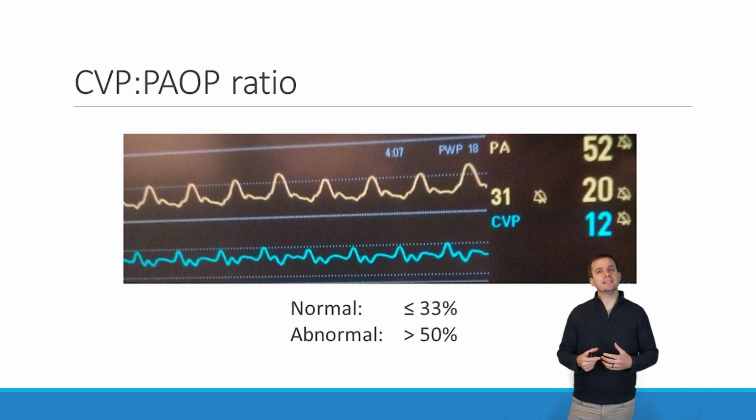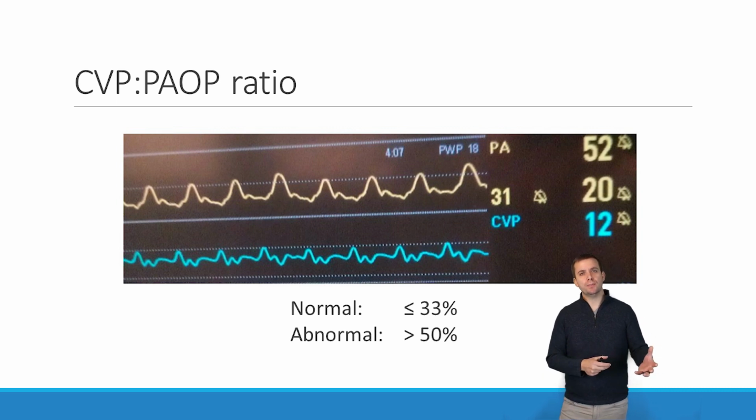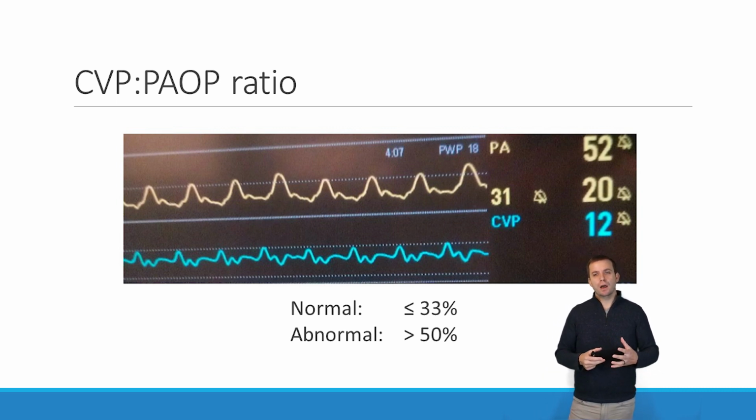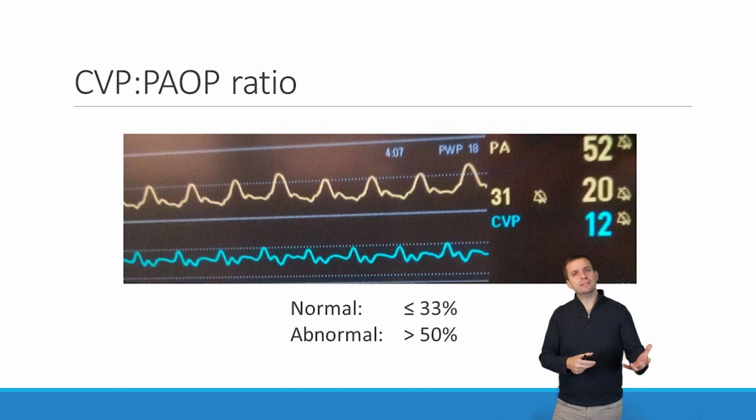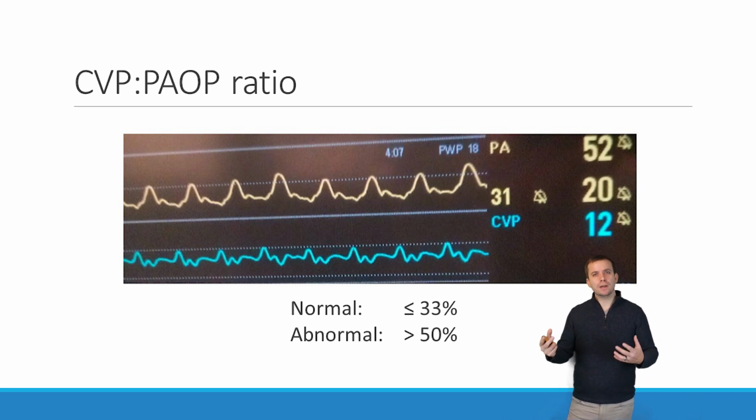Another one is the CVP to wedge ratio, or CVP to PaOP ratio. Normal CVP is 0 to 5. Normal wedge is 10 to 15. So a nice way of looking at it is that your CVP should be 25 to 30% of your wedge.